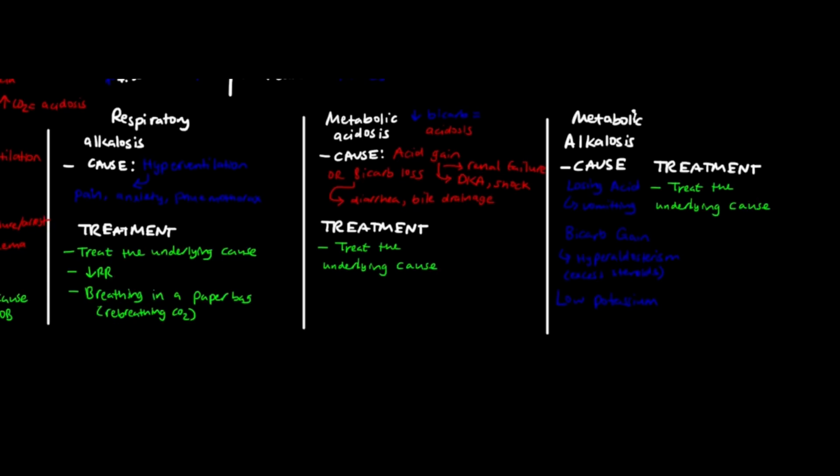So the situation we have here is metabolic acidosis with full compensation. Let's translate that. This means that we have someone who is maybe in DKA or maybe in shock, and so that's causing them to be in a state of metabolic acidosis.